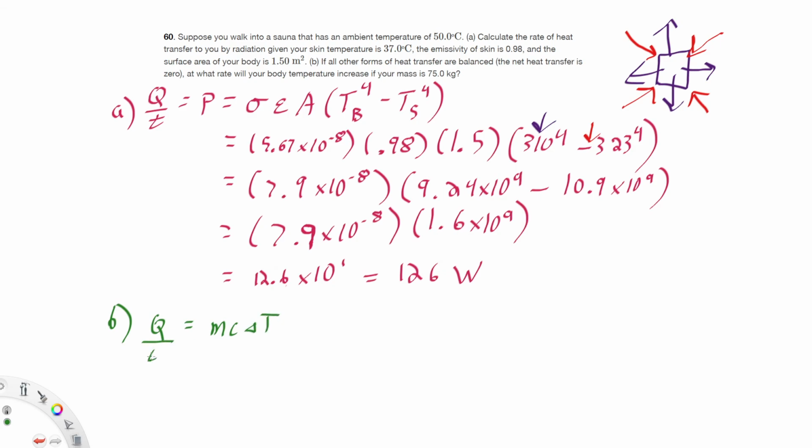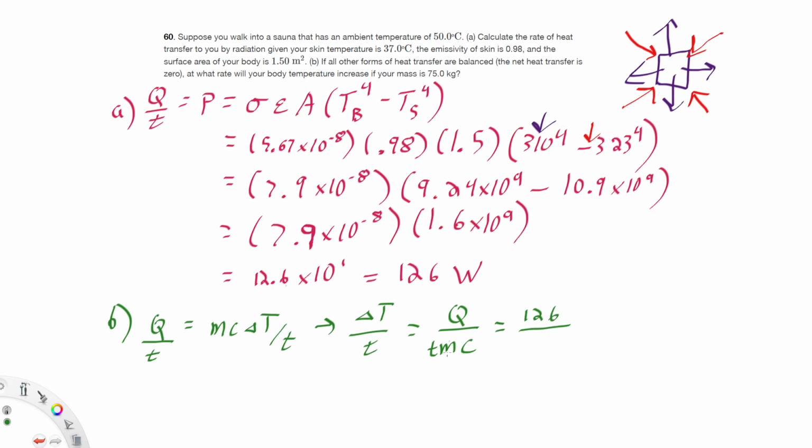So the heat per time that is entering you versus the temperature per time that your body is changing. We already know the heat per time is 126.